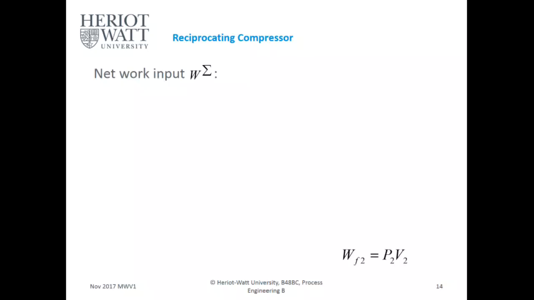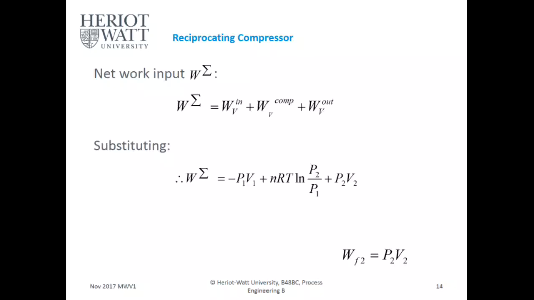Let's talk about the net work required for a reciprocating compressor. The net work, as I mentioned, is the total work: the volume work in, with the piston moving down, plus the volume work of compression, with the piston moving all the way to the top, and then the valves opening, volume work out.